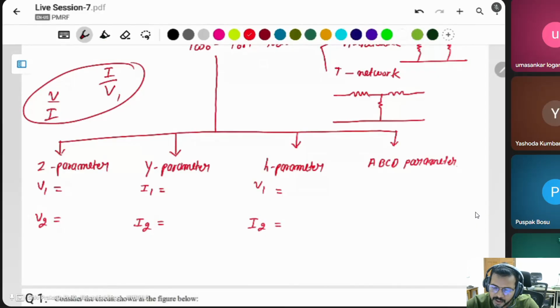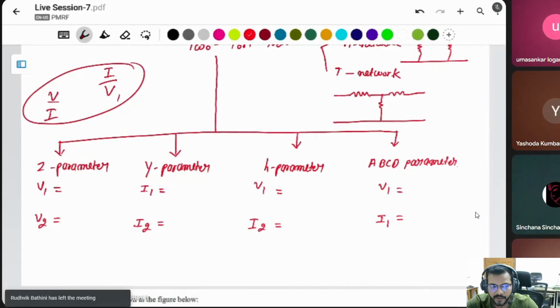Next one is the ABCD parameter, a transmission parameter. Transmission line transmits from the input side. Input side I have V1 and I1, transmitted to the output like V2 and I2. This is not like that. Z parameter is V1 V2. Admittance is I1 I2.